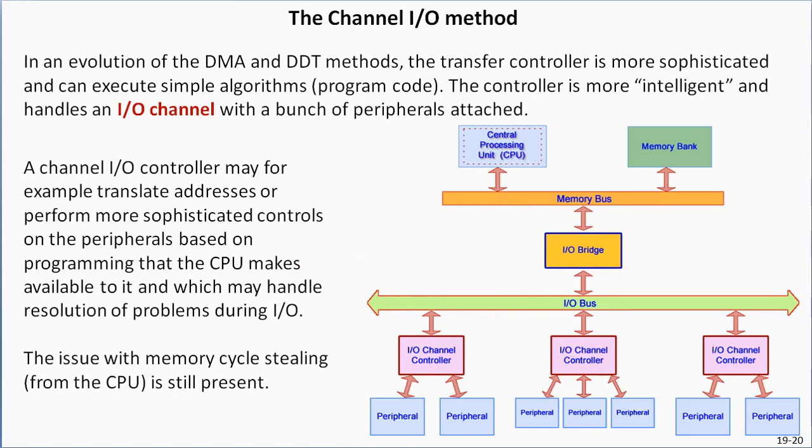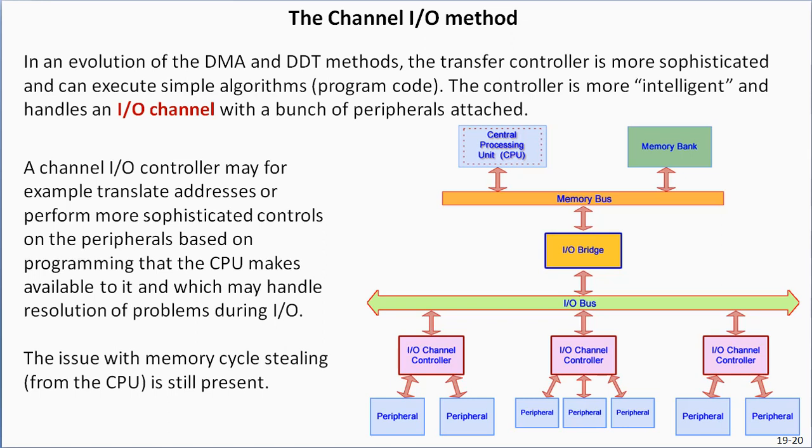In the case of DMA or that of DDT, the CPU had to initiate the transfer of data blocks by sending the transfer information, that is, what the source is, what the destination is, the starting location, and the block size. It had to send all this information to the controller.